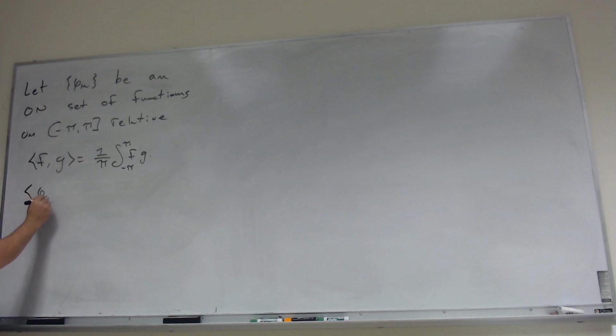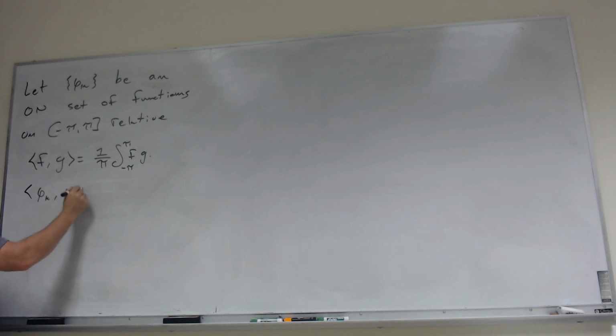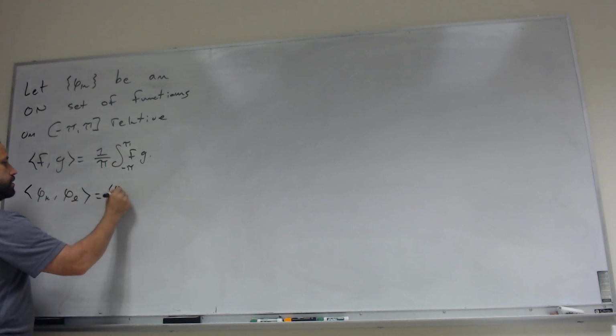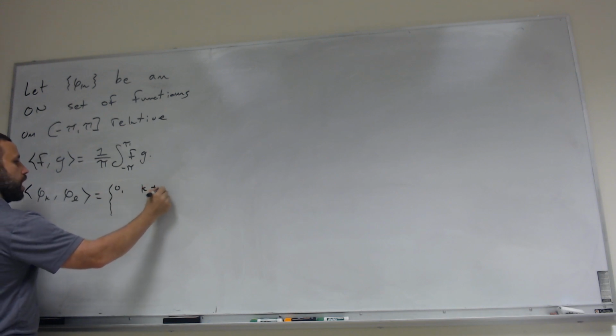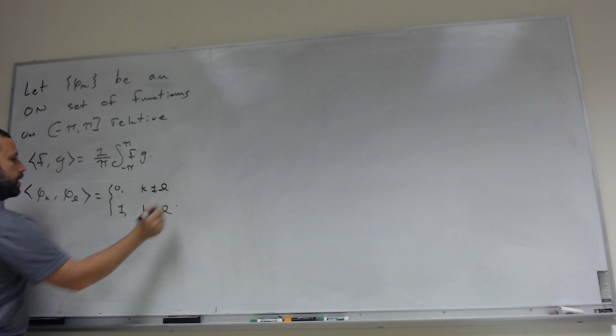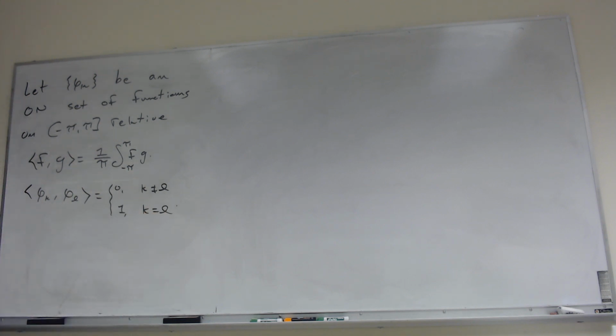It means the inner product of phi k and phi l is equal to 0 if k does not equal l, and is equal to 1 if k equals l. With the 1 over pi, the sequence of functions that we're interested in, sine kx and cosine kx, satisfies this.